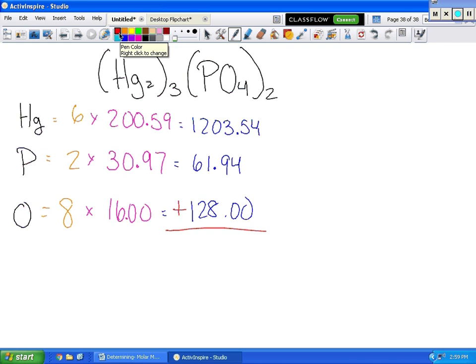First couple of numbers. Remember, always 2 decimal places. That's a rule. Always 2 decimal places. So I know it's 4. I know it's another 4.